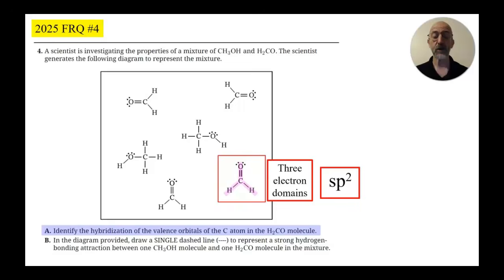Whether it's a single bond, a double bond, or a triple bond, that would count as a single electron domain. And there are no lone pairs of electrons on that carbon atom, so there's a total of 3 electron domains. The correct answer is actually sp2.